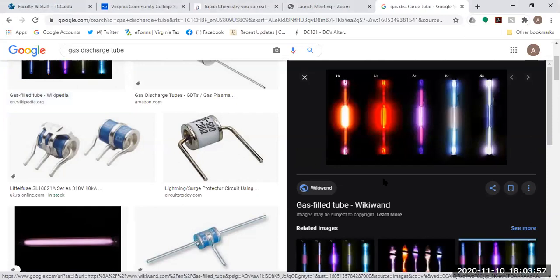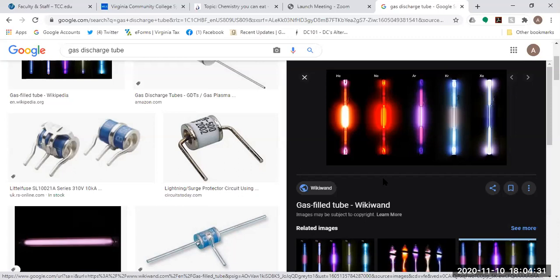Okay, that one's a little bit better. So look at the one there on the top now. We've got the left-hand one, which is kind of orange-y with a little bit more yellow in the middle, and that's helium. Then we've got neon, literally neon. Hence, there is a reason why stereotypical neon lights are actually that shade of red-orange.